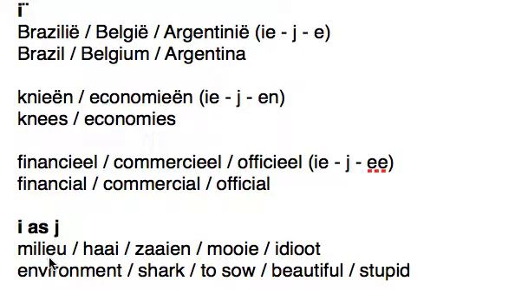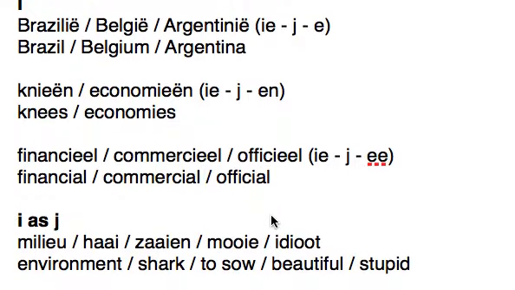So that's milieu, haai, zaaien, mooie, idioot. Of course, just as with the previous one, it's not always clear if you pronounce it as an E or as a Y. It's something in between, and if you talk very fast, you won't even notice the difference.